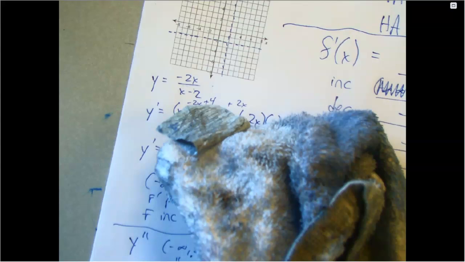All right, so I go to the next one. f prime in this one is negative because f is decreasing. But f double prime here is positive, isn't it? Because that's making a U, looking like a concave up. So f is concave up.